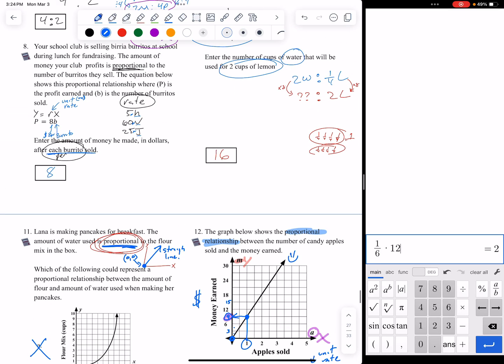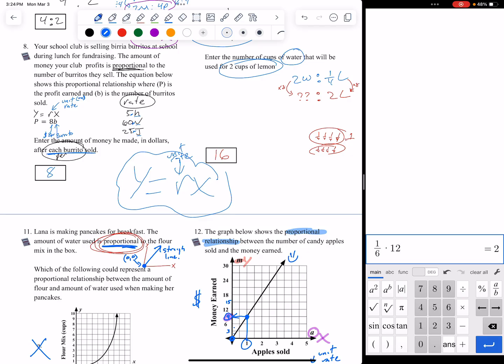Your favorite equation is y equals rx, or m equals 2w, you know what I mean? It's the same setup, okay? Whatever is right here, that is your unit rate, aka multiplier, aka constant of proportionality.